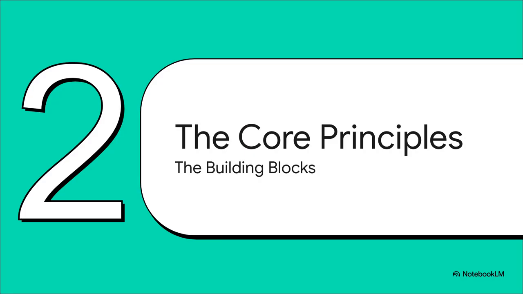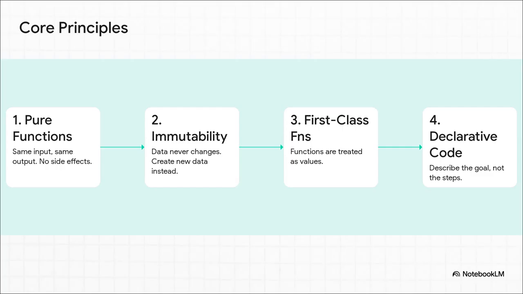Okay, so how do we actually pull this off in the real world? It all boils down to a few key principles, which are kind of like our building blocks for this whole approach. There are really four main ideas here. First up, pure functions. This just means that if you give a function the same input, you are guaranteed to get the same output every single time.